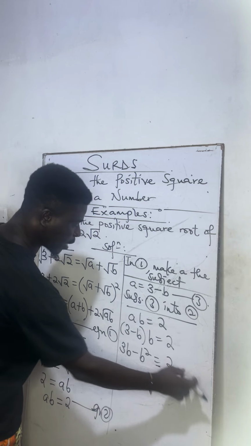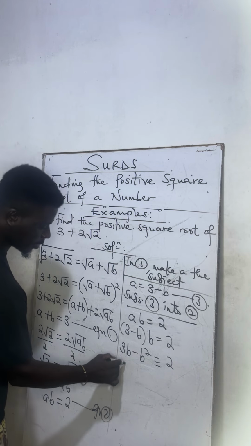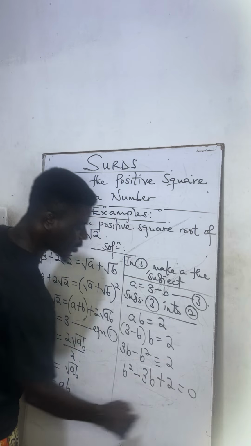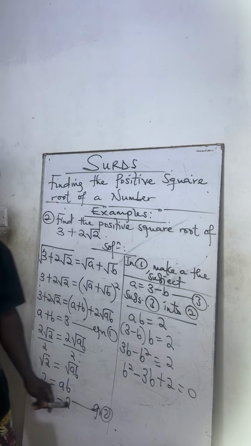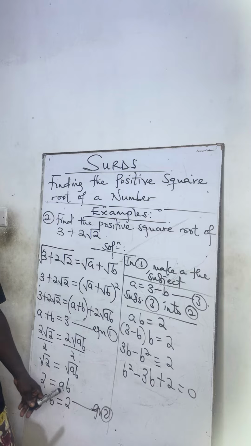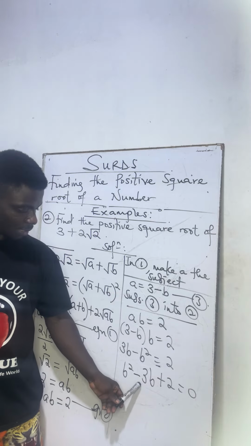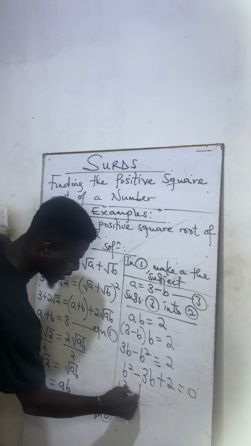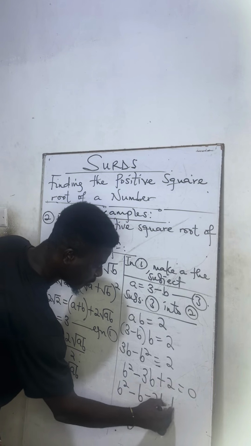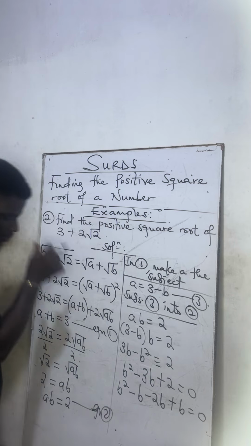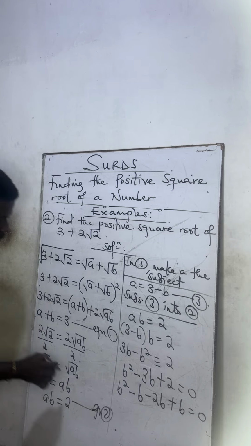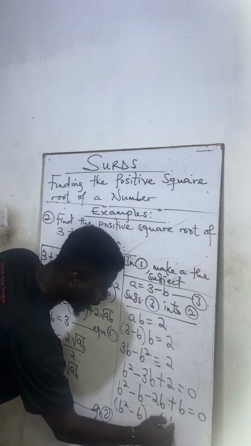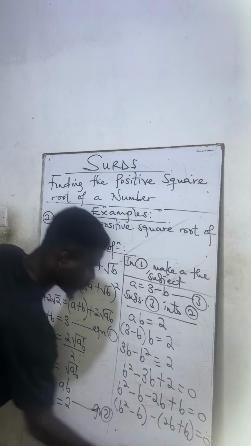We send these 2 to the right hand side, so that we have b squared minus 3b plus 2 equals 0. Two numbers that multiply to give 2 and add to give negative 3. We get b squared minus b minus 2b plus 2 equals 0. We put that in brackets.